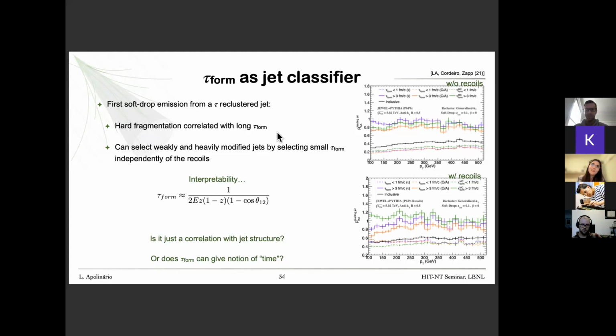Yeah. So what of course we were aiming for was the second, that we could in fact relate this formation time to the time that the jet spends inside of the medium. But the more I think of it, I'm not so sure, because the formation time is just a consequence of your kinematics, and the kinematics that you extract is just a consequence of your vacuum kinematics.